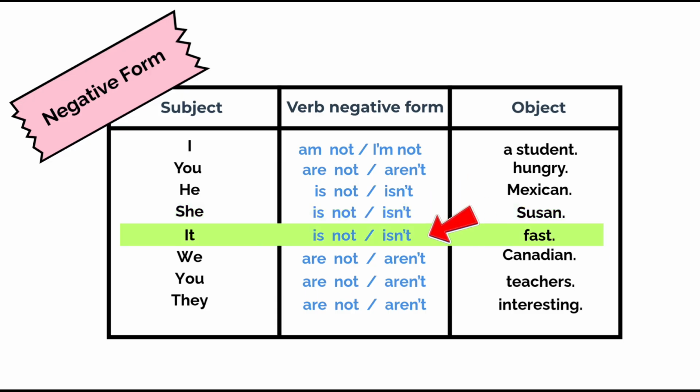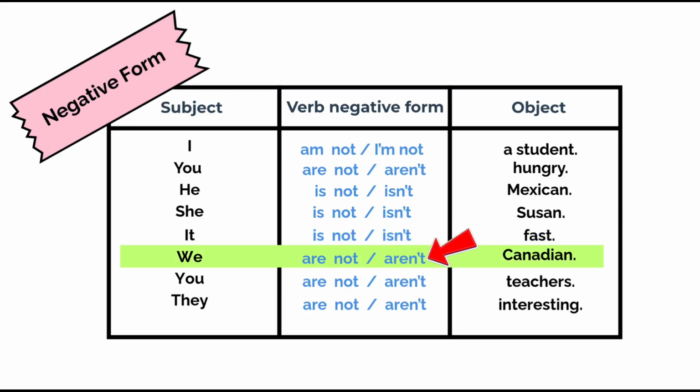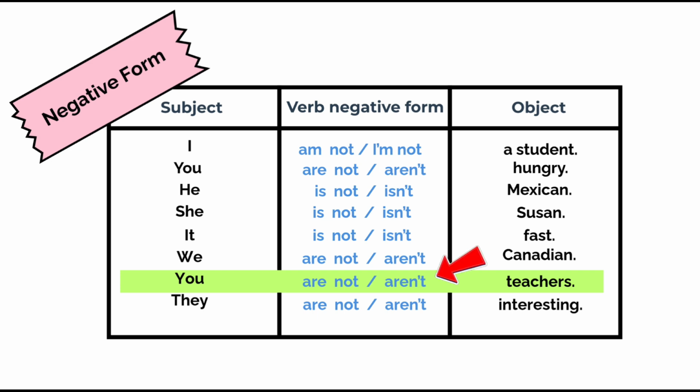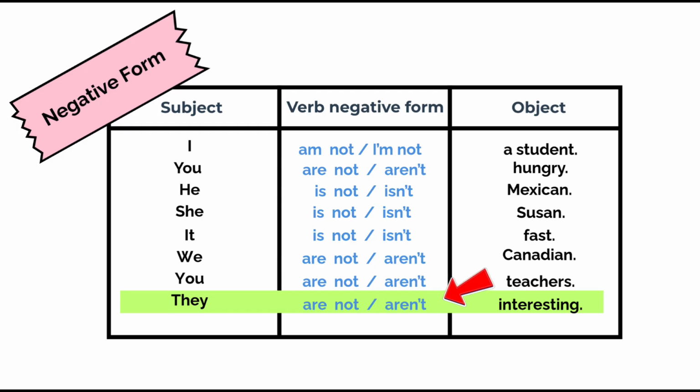It is not fast. It isn't fast. We are not Canadian. We aren't Canadian. You are not teachers. You aren't teachers. They are not interesting. They aren't interesting.